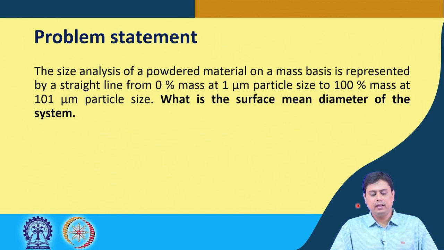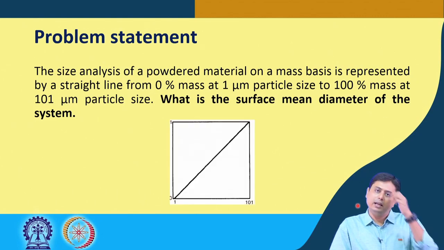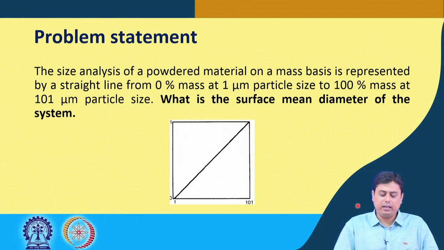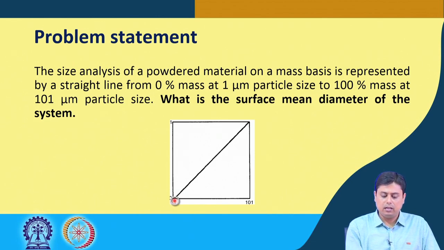As I said, you need a mental visualization of this problem. Basically, if you have a sample, you have characterized that the size distribution says 0% mass from this 1 micron particle to 100% of the mass fraction at 101 micron particle size.